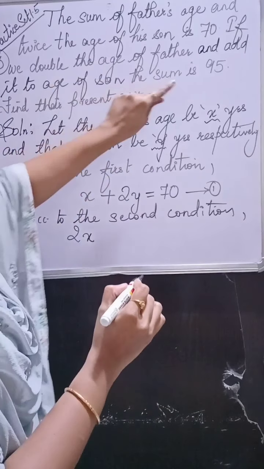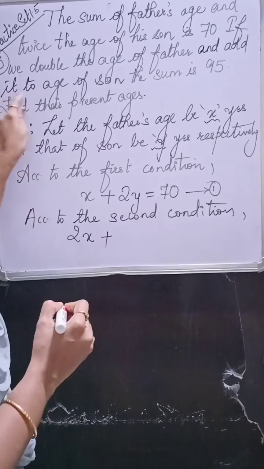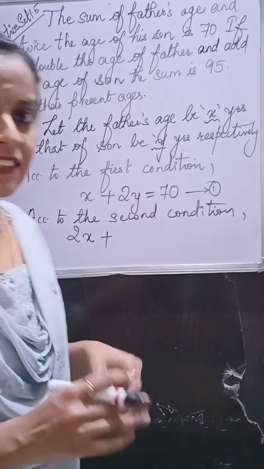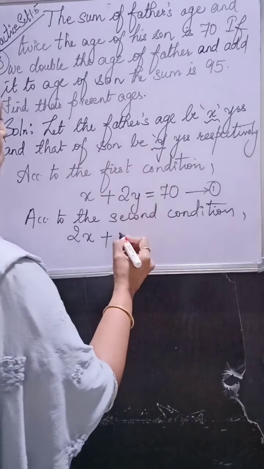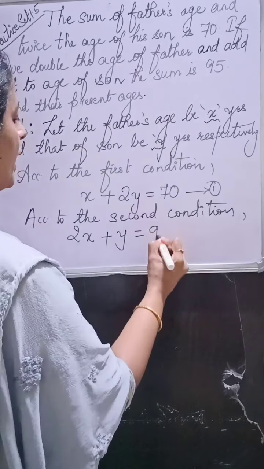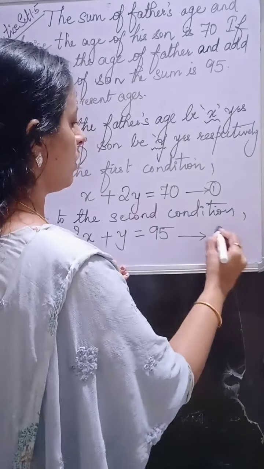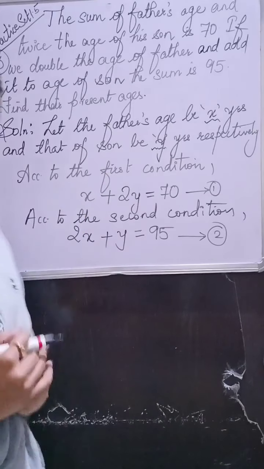And add it to son's age, which is y. We are getting the sum as 95. So this is condition number 2. Okay, first condition, second condition we got.